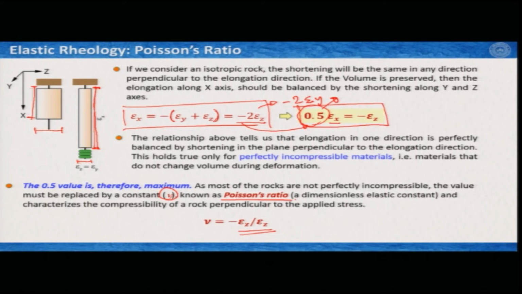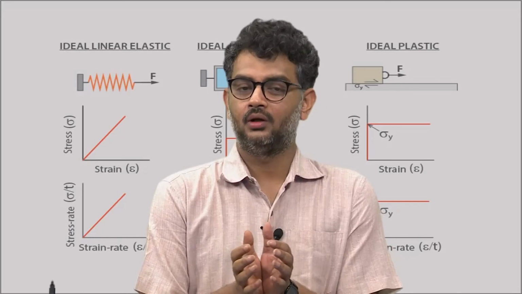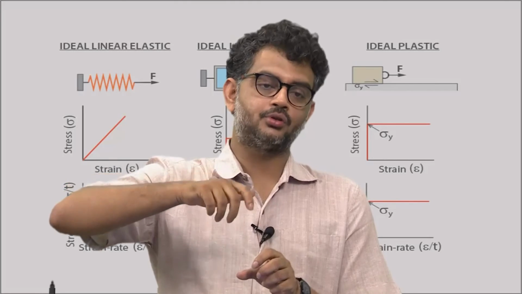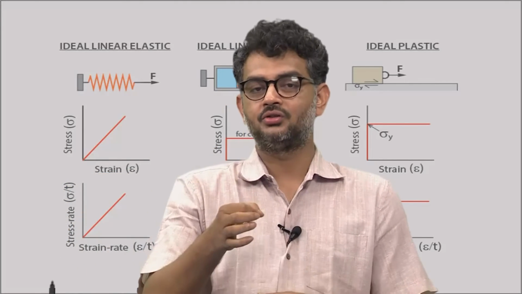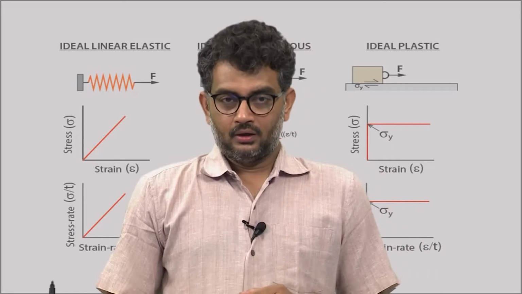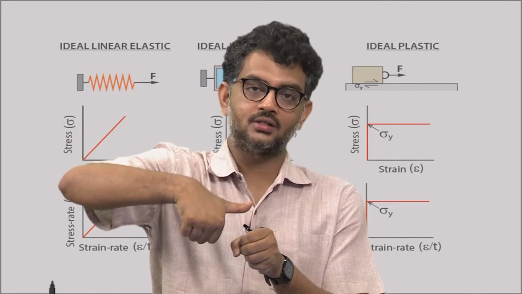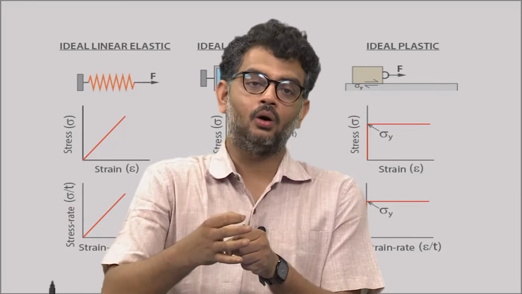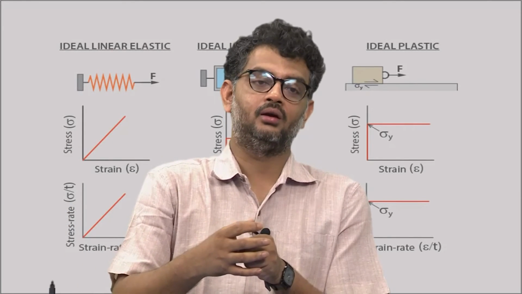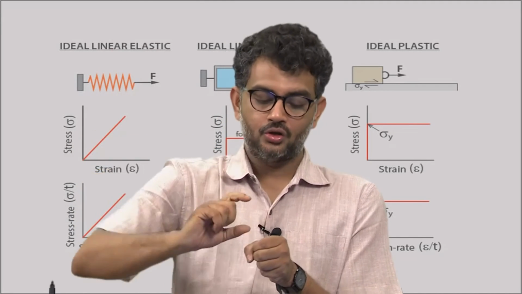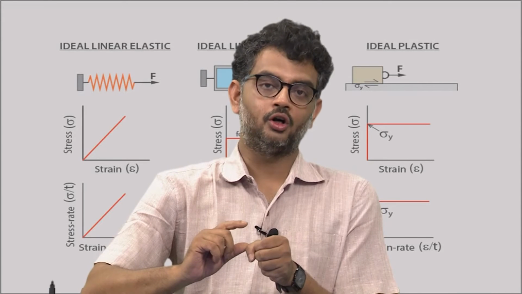Now, I give you a very simple example of Poisson's ratio that you may have seen: some glass bottles where instead of caps we use corks to seal the bottles. Now, corks are a very interesting material, because if you have the bottle and you have to press the cork inside, and the cork has to maintain its volume constant, you are compressing it this side, so length is shortening in your compression direction.